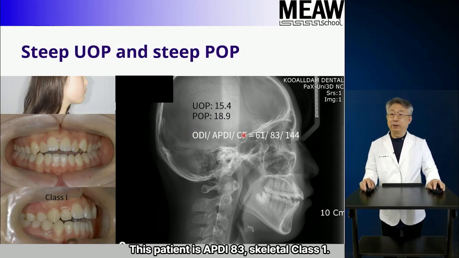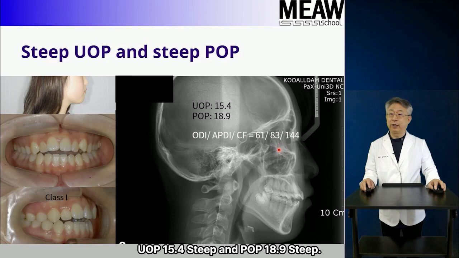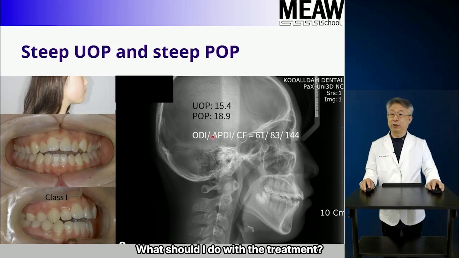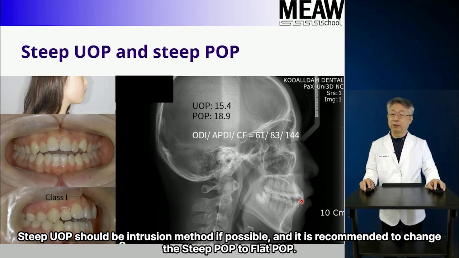This patient is an APDI 83, skeletal Class 1. UOP 15.4 steep and POP 18.9 steep. What should I do with the treatment? Steep UOP should be treated by intrusion if possible, and it is recommended to change the steep POP to flat POP.